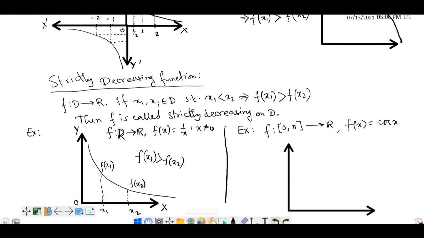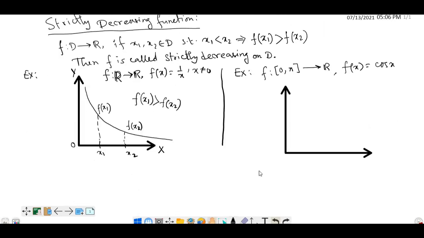I need some portion in the negative part, so I'm taking it here. The graph of this will look something like this.